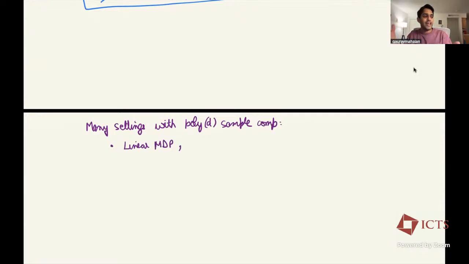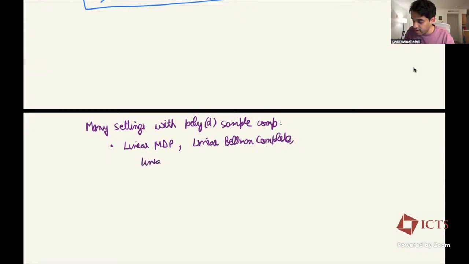Obviously, that implies V star and Q star are linear, but there are other computationally efficient algorithms too. There's linear Bellman complete, and various other linear mixture models. I don't know how many people know about these, but there are all these different models, and you can get sample efficiency in all of them.